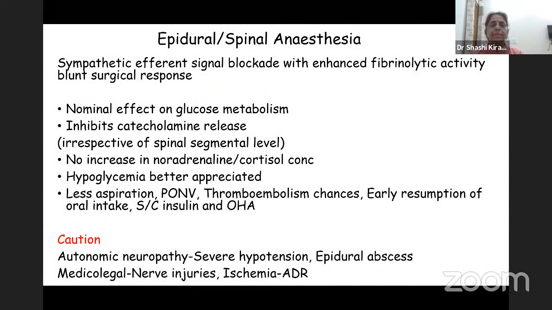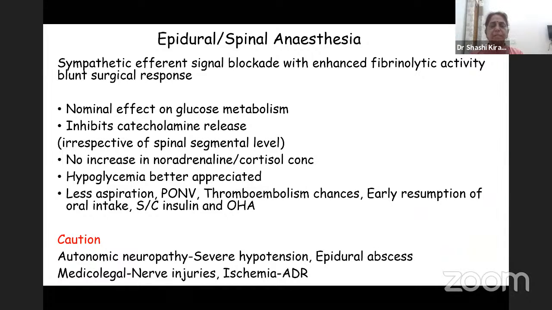Now, regional anesthesia. Epidural and spinal anesthesia are very important because they block sympathetic efferent signals. There is a nominal effect on glucose metabolism. They result in inhibition of catecholamine release. And the important point to note is that this occurs irrespective of spinal segmental level.